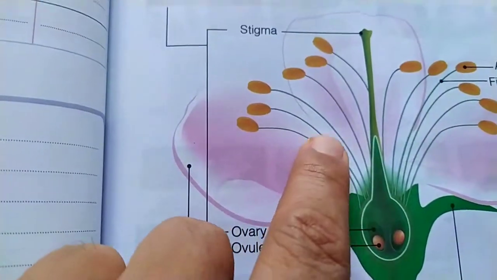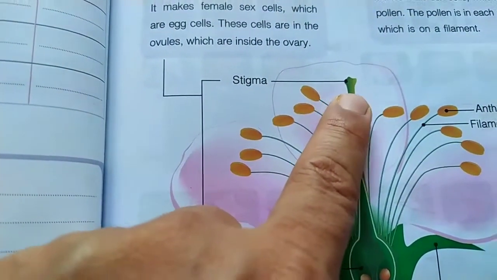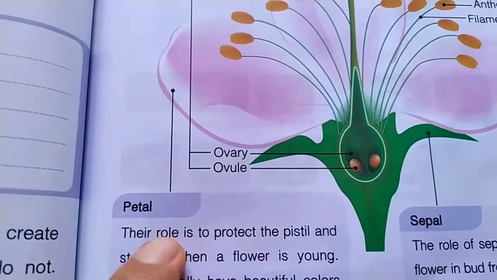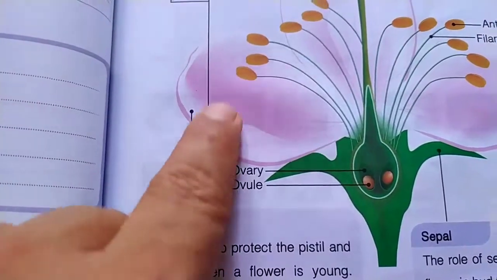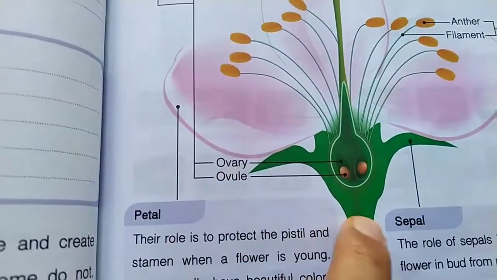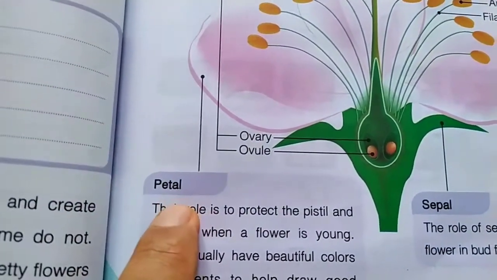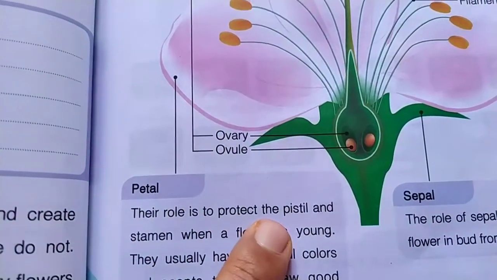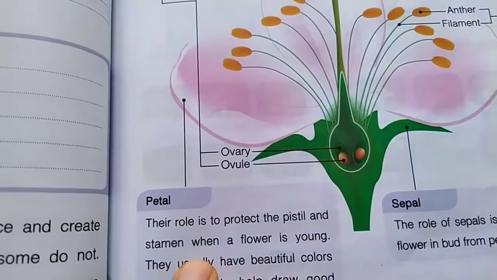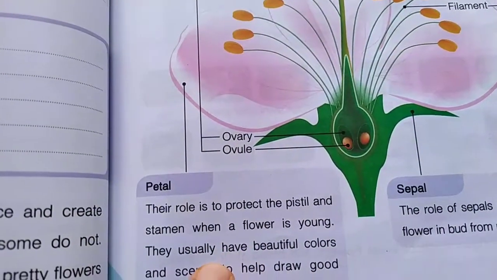Now, here is the stigma, where the pistil is found, right? And here is the ovary. How about the petal? It's a petal of a flower, and the pistil. I should say the sepal. So the role of the petal is to protect the pistil, I should say, and stamen when a flower is young.